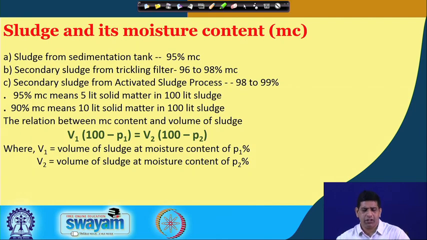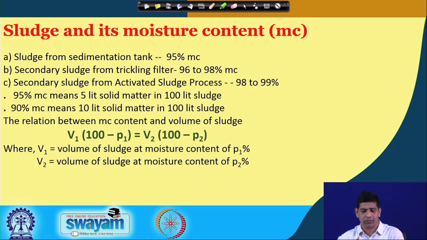Sludge has pretty high moisture content. For example, sedimentation tank sludge is at 95%, secondary sludge is 96 to 98%, and sludge from activated sludge is 98 to 99%. So, 95% moisture content means 5 liters of solid matter in 100 liters of sludge.